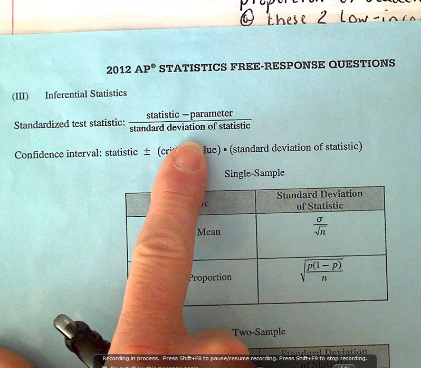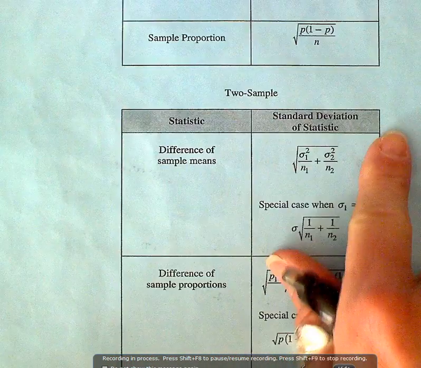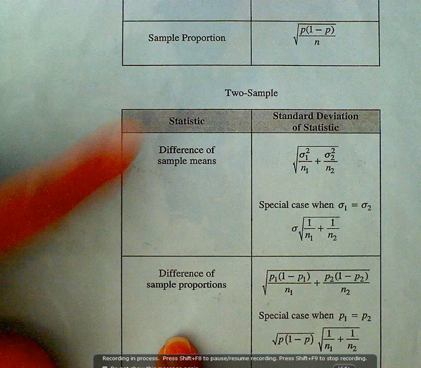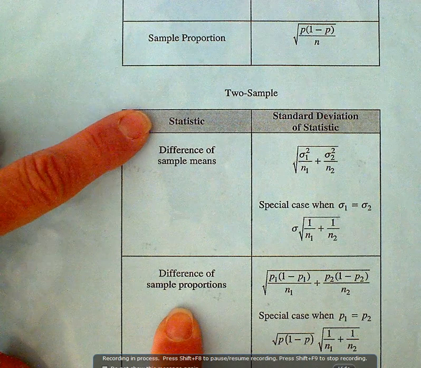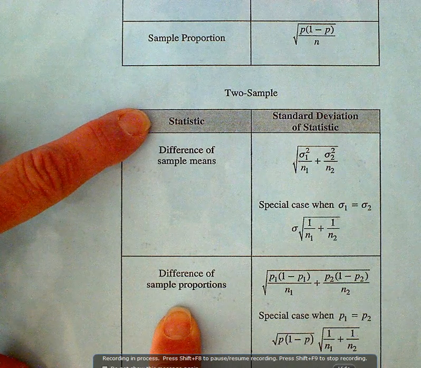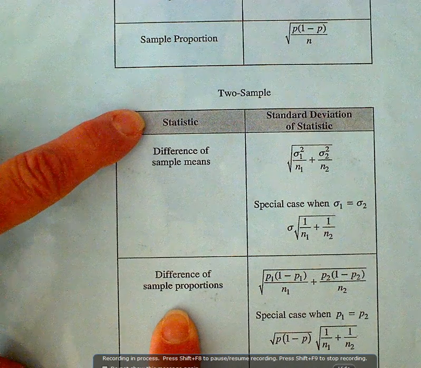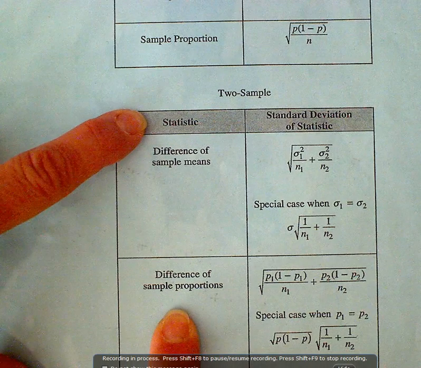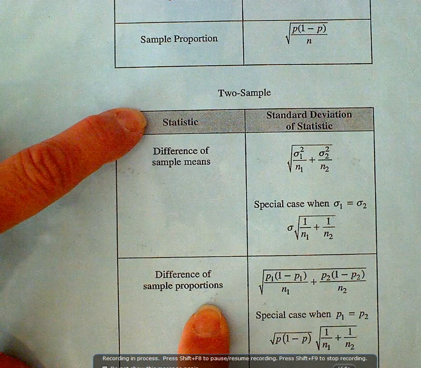So we come down here to our two sample procedures, and our statistic we clearly see here is the difference in our sample proportions. So that's going to be our p-hat 1 minus our p-hat 2. Our parameter is what we claimed was true of the difference in the population proportion, so it's 0.